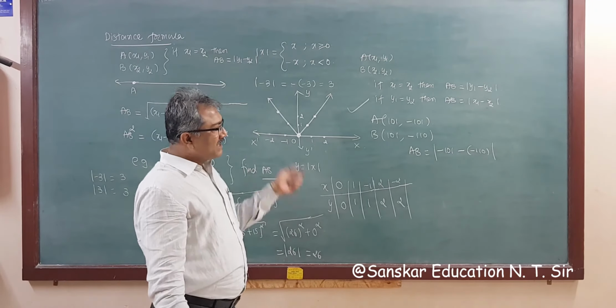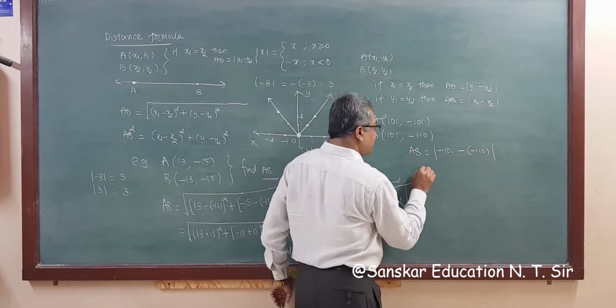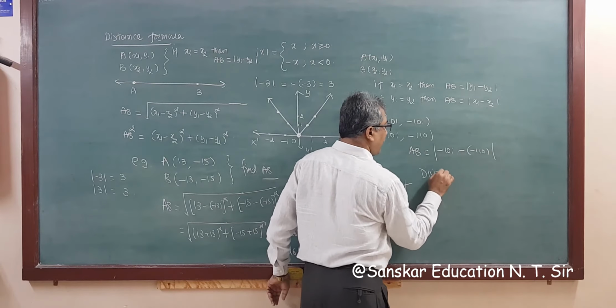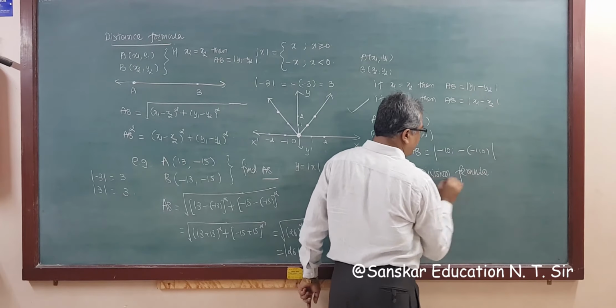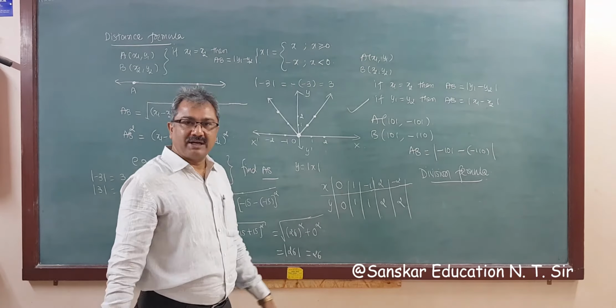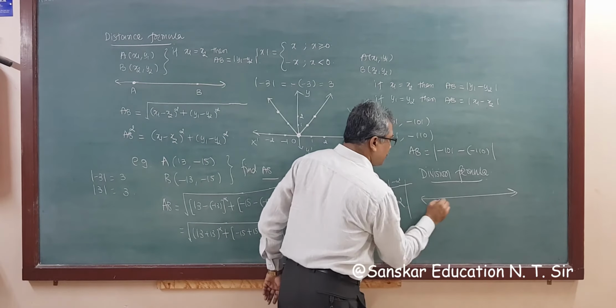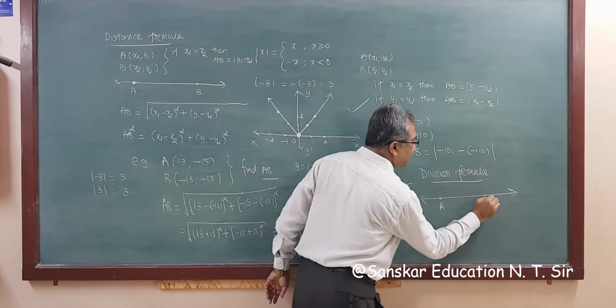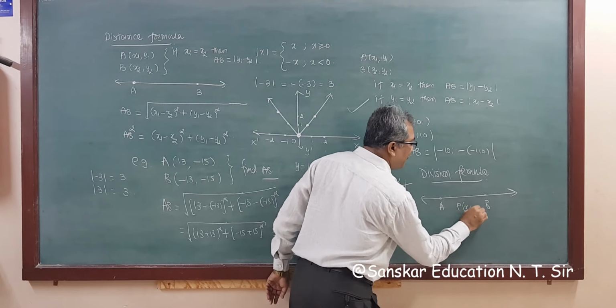Right? After this, you have also studied the division formula. You know this division formula. If A(x1, y1) and B(x2, y2) are given and point P, suppose like this, suppose this is A and this is B. Now this is a point P(x, y).